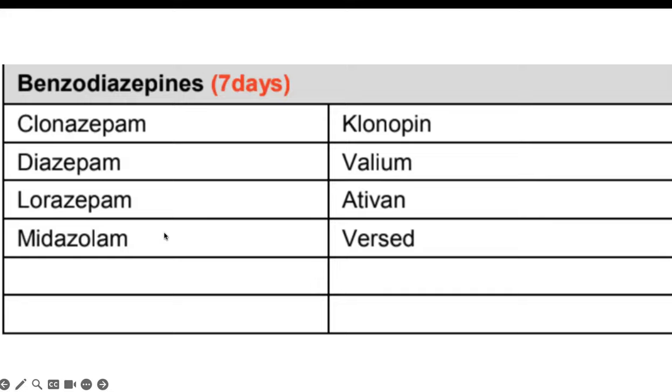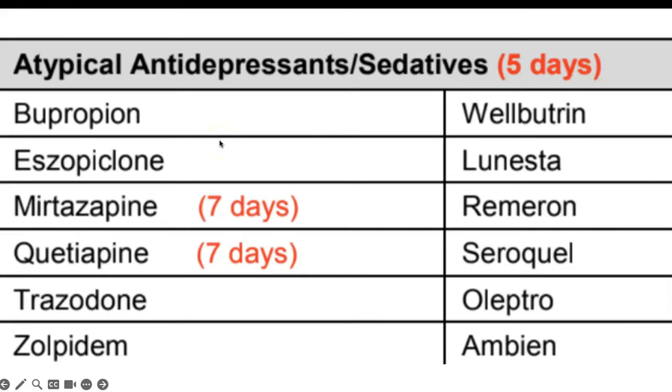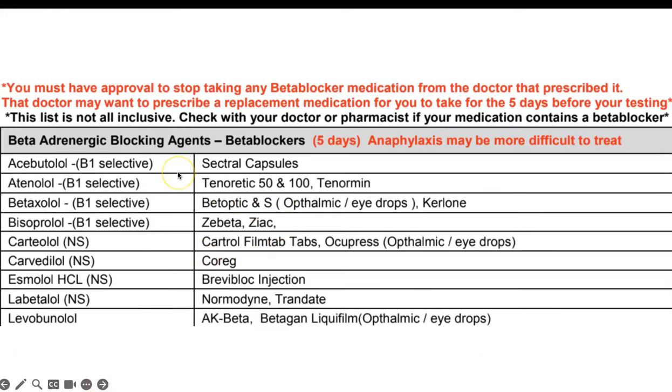Then we have benzodiazepines, which have to be stopped at least 7 days prior to the test. Then atypical antidepressants or sedatives have to be stopped for at least 5 days prior to the test. Then beta adrenergic blocking agents, or beta blockers, basically given for controlling blood pressure, should also not be given 5 days prior to the test. Why?